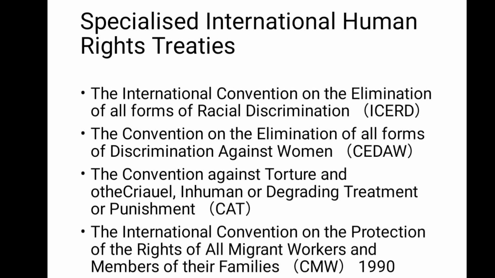Now, there are other specialized human rights treaties, and these are referred to as specialized because they focus on a particular human rights issue or a particular group of people. Among these specialized human rights instruments, we have the International Convention on the Elimination of All Forms of Racial Discrimination.